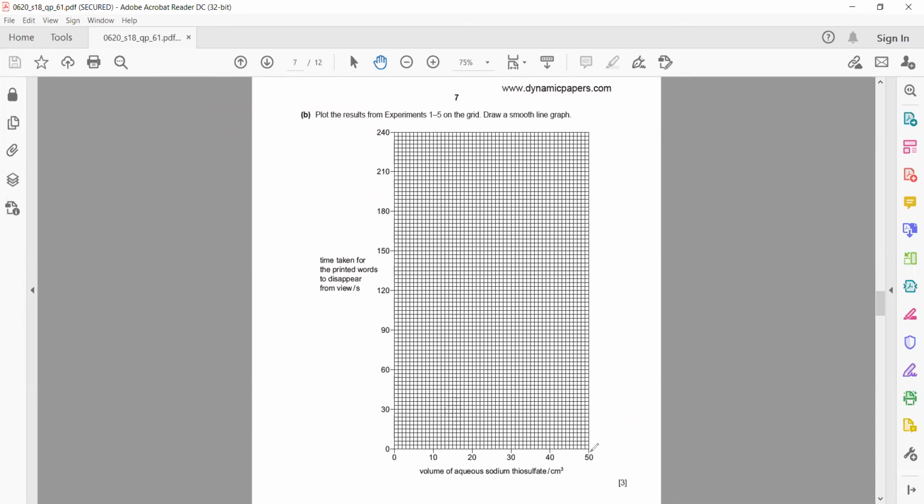When we plot this result, I'm just sketching a possible shape of the graph. This will be the shape of the graph when you plot these results. It shows that when the volume of thiosulfate decreases, because there are fewer particles, it will take a longer time for the formation of the precipitate.